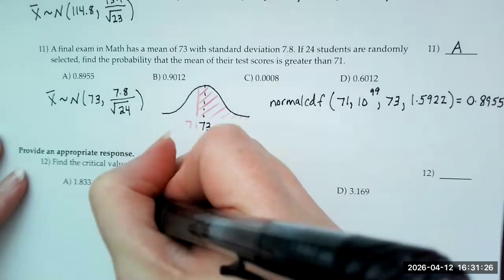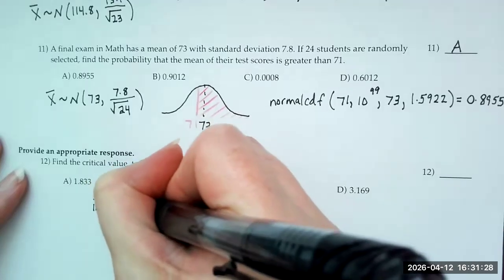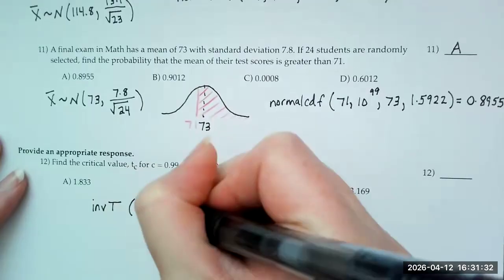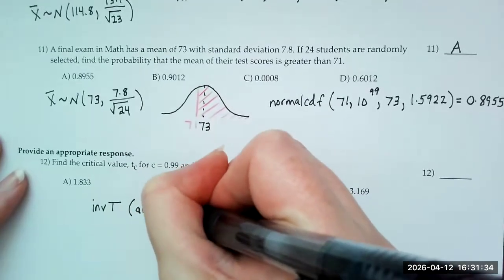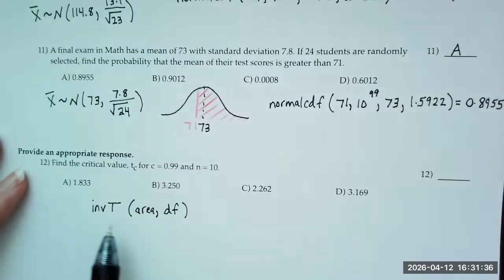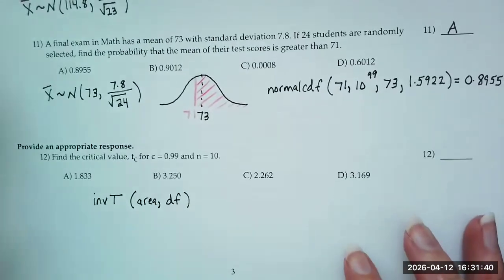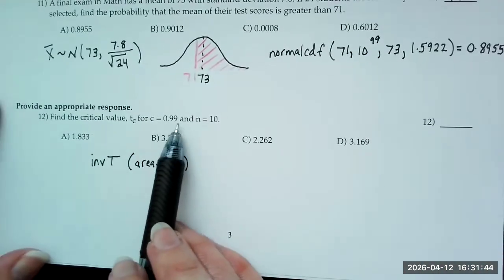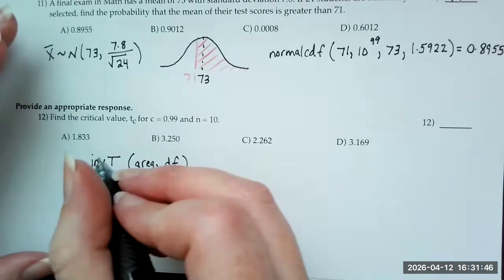Okay, and when we do the inverse T function, it wants the area, and then it wants degrees of freedom in there. So we need to go find an area and degrees of freedom. When we do the inverse T, they're telling us that we have a confidence level of 99%.